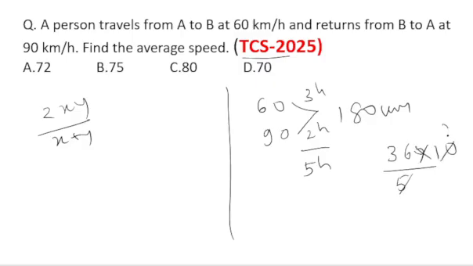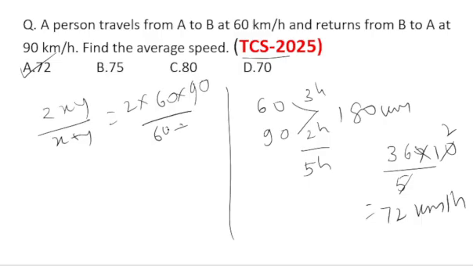So 5 2s are 10 and 36 2s are 72, so 72 kilometers per hour is the average speed. Or you can put 2 into 60 into 90 upon 60 plus 90, and you get the same answer. In both ways you can handle this question. I think it is clear to everyone. Thank you.